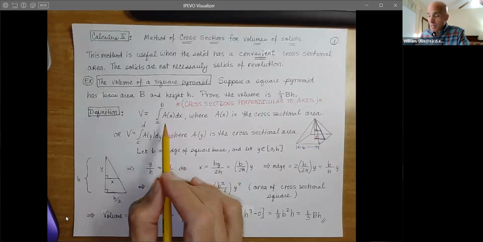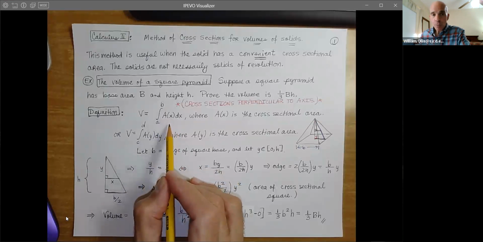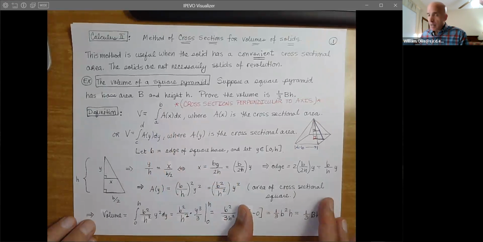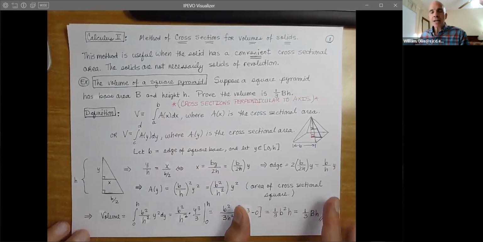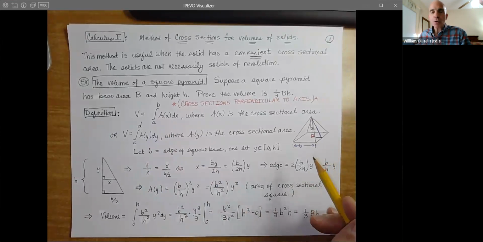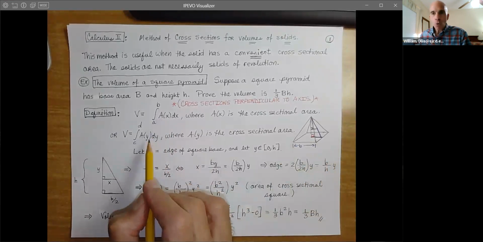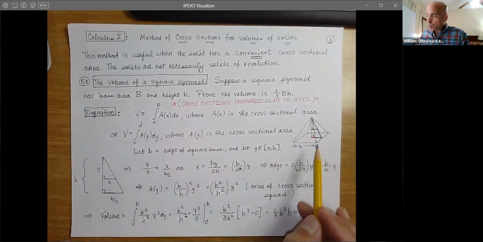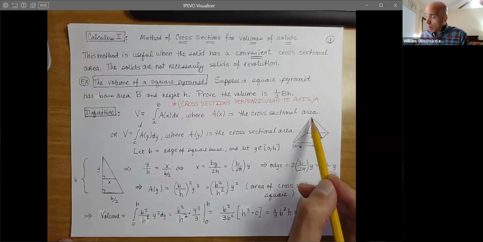We could have X as the independent variable, or Y. So again, this method is very simple, though it depends on how easy it is to construct these area functions.